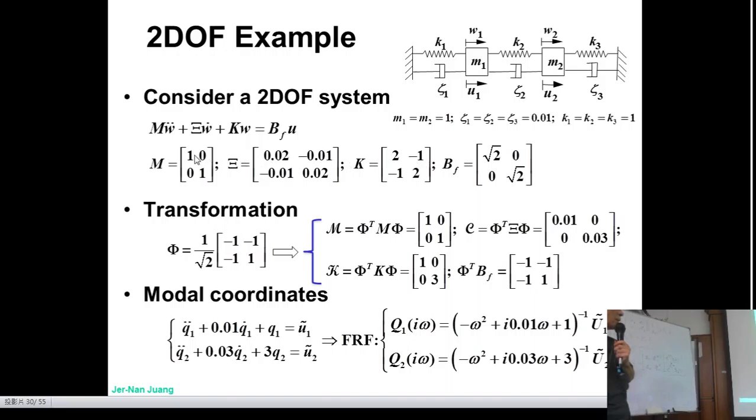If I assume I don't have any coupling, then 1 divided by square root of 1 is also 1. But for the second one, this is square root of 2, but this is square root of 3.